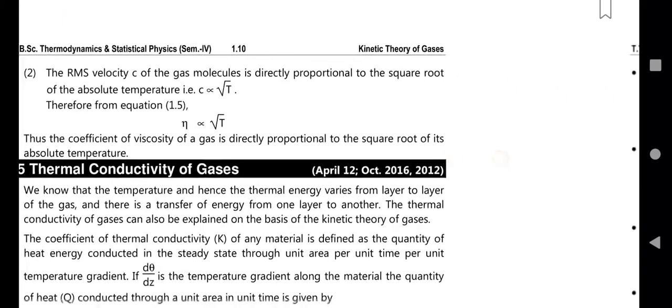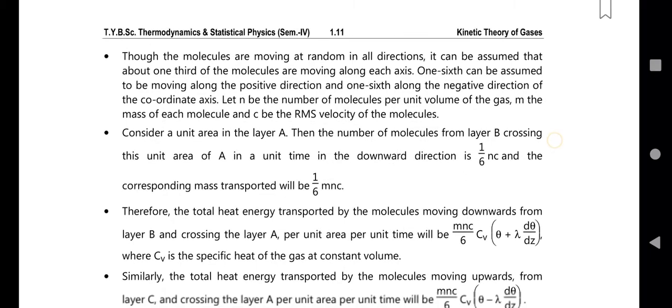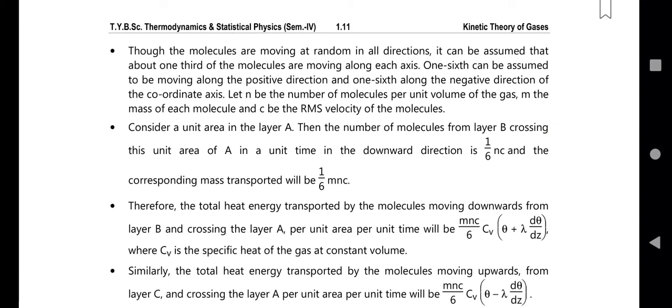Though the molecules are moving randomly in all directions, it can be assumed that about 1/3 of the molecules are moving along each axis, which we have seen earlier. 1/6 can be assumed to be moving along the positive direction and 1/6 along the negative direction of the coordinate axis. Let n be the number of molecules per unit volume of the gas, m the mass of each molecule, and c the RMS velocity of the molecule.